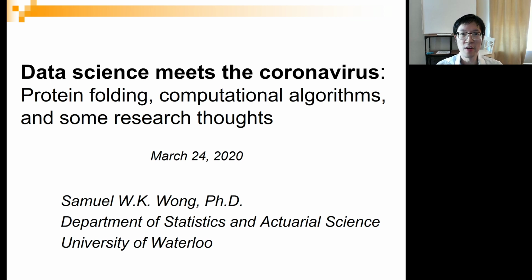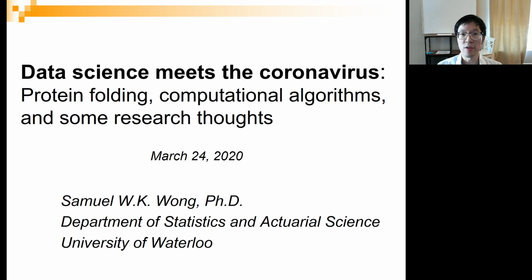With the ongoing situation, the coronavirus pandemic has rightfully received a lot of attention from the scientific community as we all try to find answers and solutions. And I would also say there are a lot of ways for statisticians and data scientists in general to chip in to these efforts.